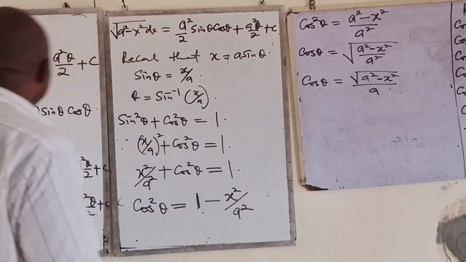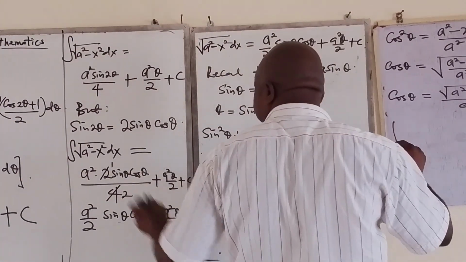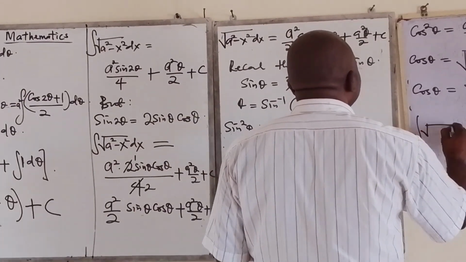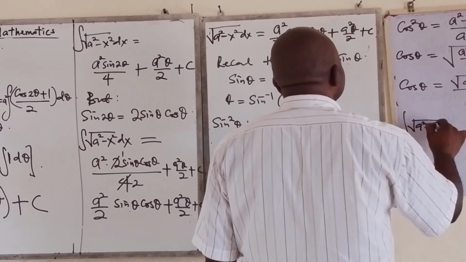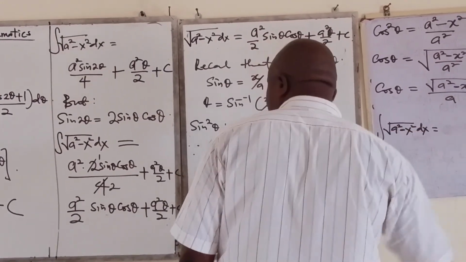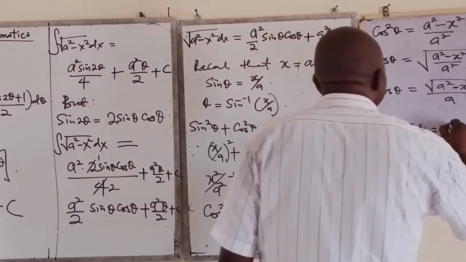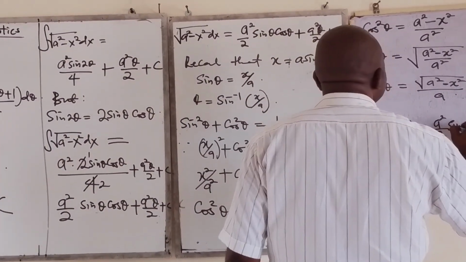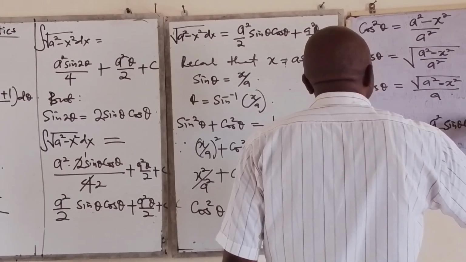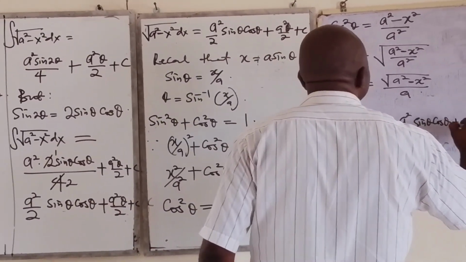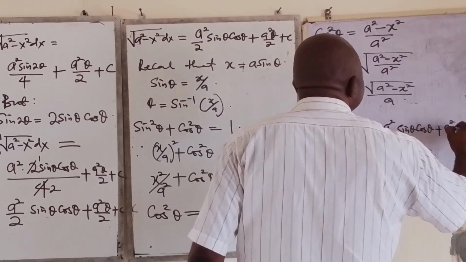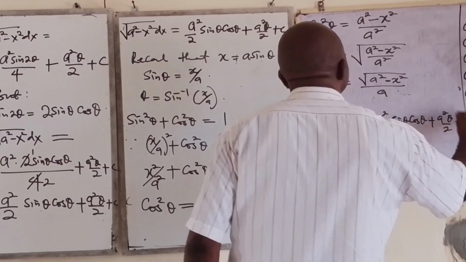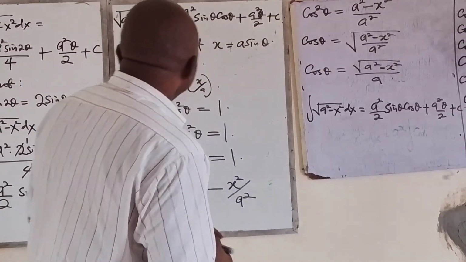So now coming back to this, it means the integral of the square root of a squared minus x squared dx will be equal to, here we said, a squared all over 2 sine theta cos theta plus a squared theta all over 2 plus c. Now we know the value of sine theta.